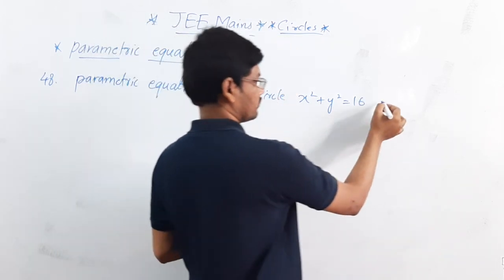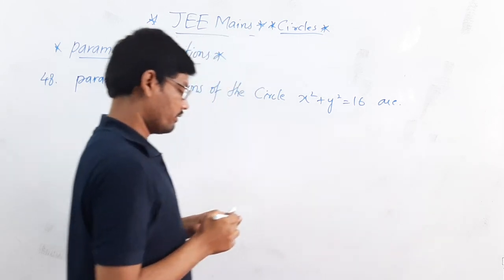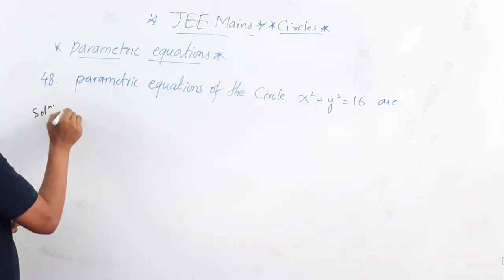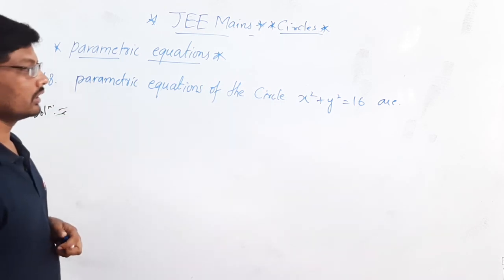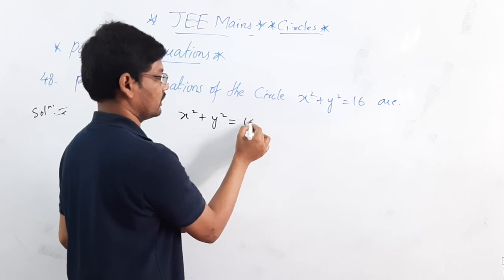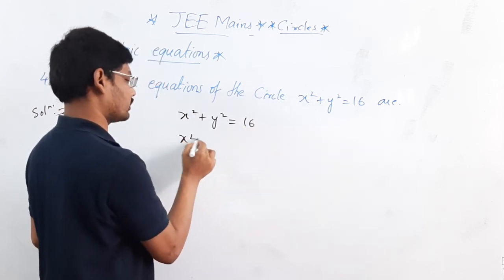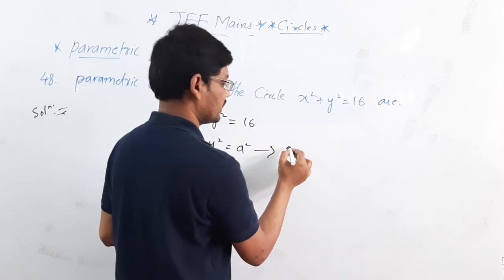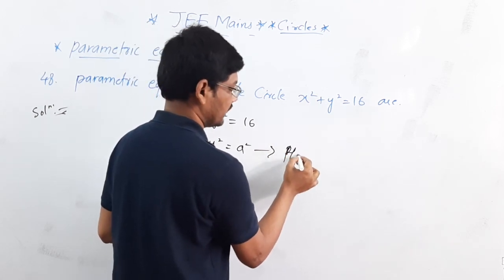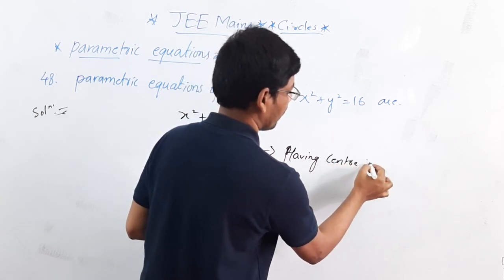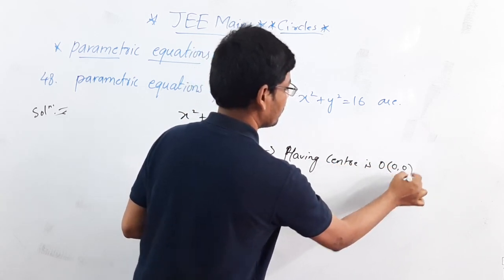Whenever we need to find the parametric equations of a circle, the solution is: given the circle x square plus y square is equal to 16, it is in the form x square plus y square is equal to a square, which has center at the origin 0, 0.